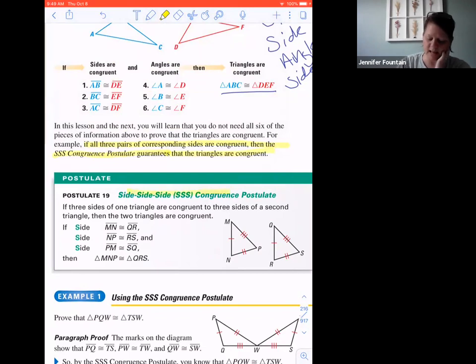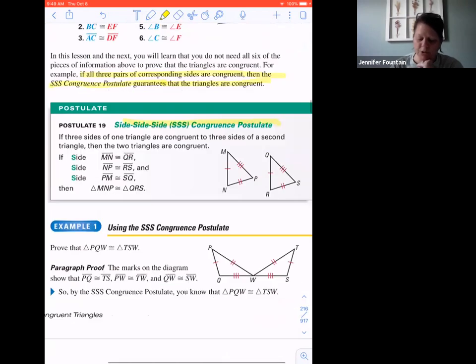That is postulate 19, side, side, side, or the SSS congruence postulate: if 3 sides of one triangle are congruent to 3 sides of a second triangle, then the 2 triangles are congruent. Okay, so that's all it means. Having the same side measurements is going to create the same angle measurements. So if my sides are congruent, then I know that the angles are going to be congruent too.